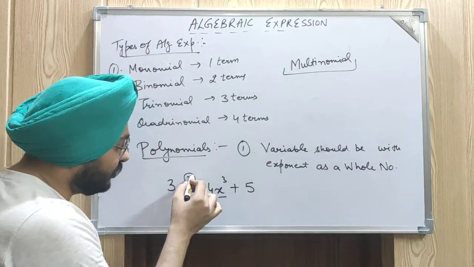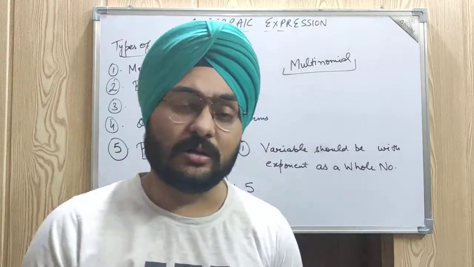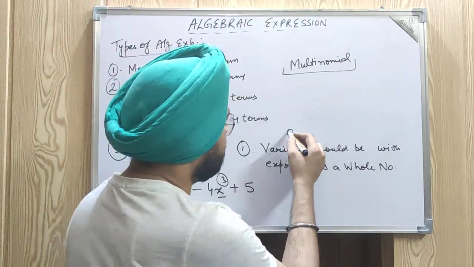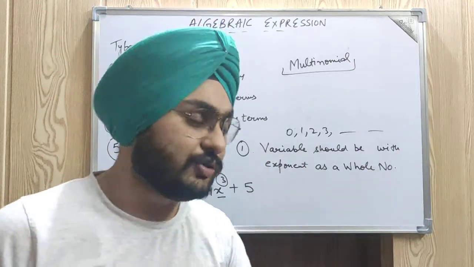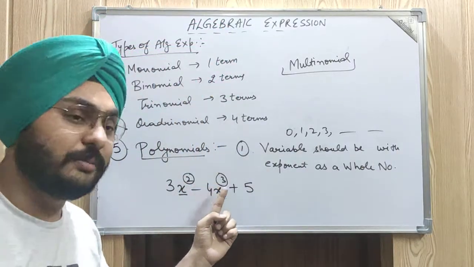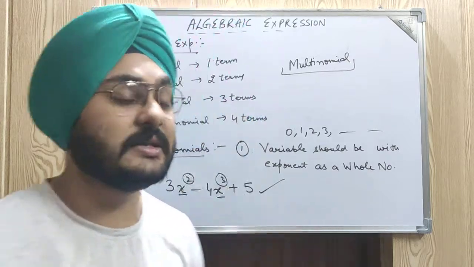Here we have 2, here we have 3. Are 2 and 3 whole numbers? What are whole numbers? The numbers 0, 1, 2, 3 and so on. Yes, 2 and 3 are whole numbers, so I will say this is a polynomial. A very simple concept.